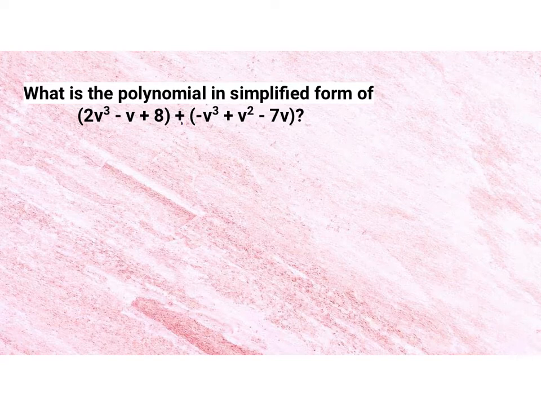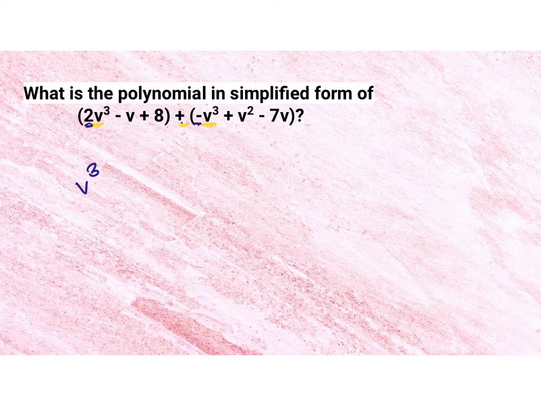We have a plus sign here, so we don't have to change any signs or distribute our negative 1. So we can combine our v cubes. So I'm going to have a 2 minus 1. And so 2 minus 1 becomes v cubed. We don't have to write the 1 in front of the coefficient.